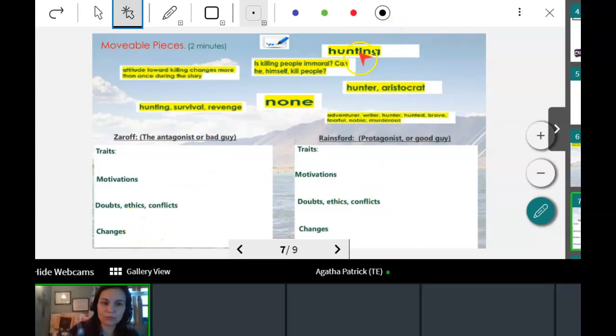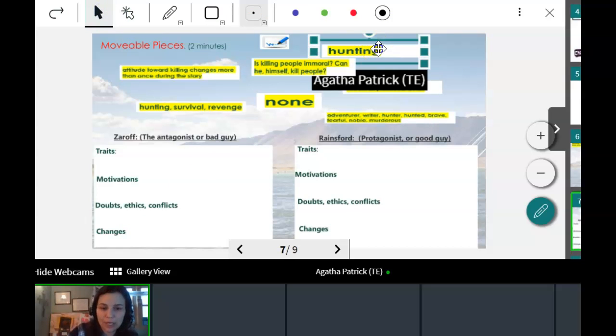Okay, so I want everybody to grab those movable pieces up on the board and start moving them where they should go. Okay, so we have traits.